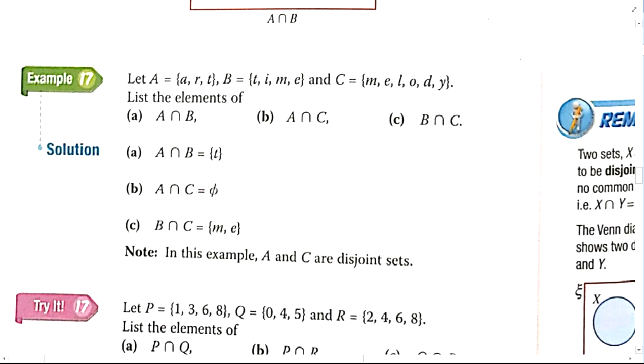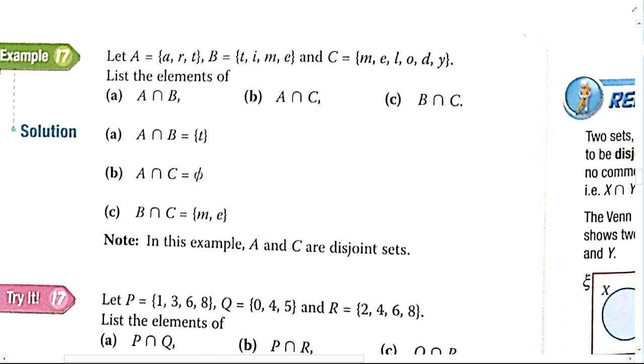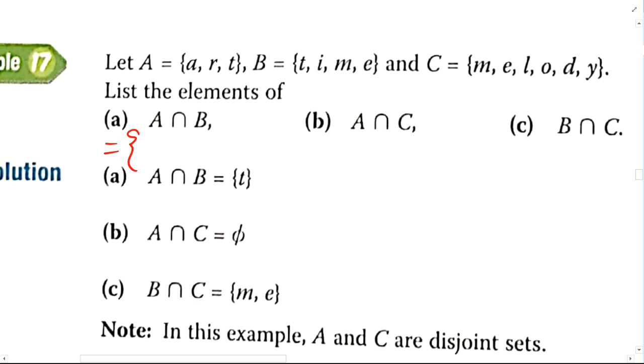Okay, so let's look at an example. Set A, B, and set C. List the elements of A intersect B. So A intersect B, let's do it mentally. It is found inside set A and set B at the same time. They intersect. So what do we have? D?